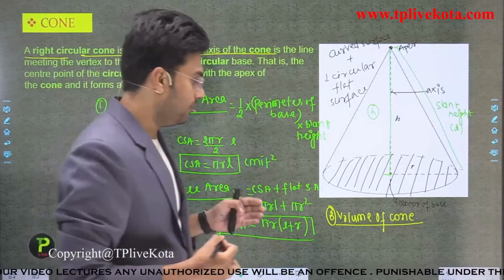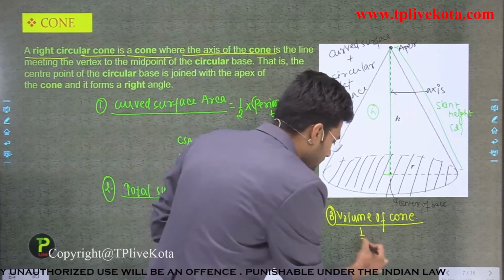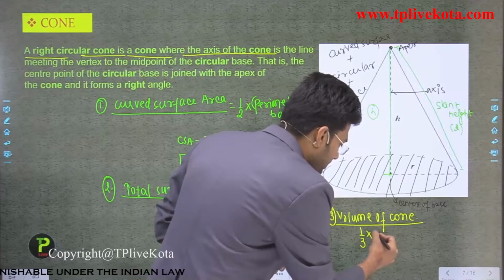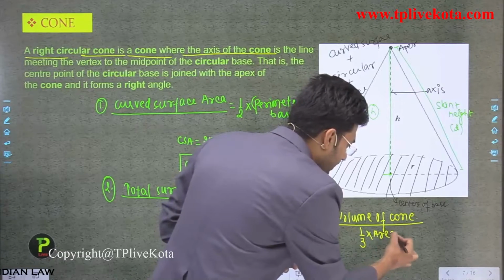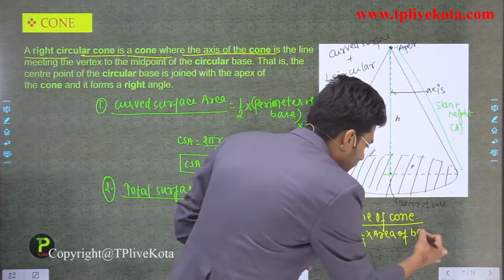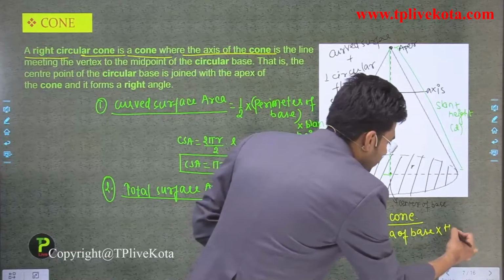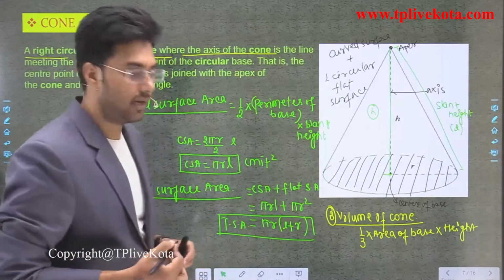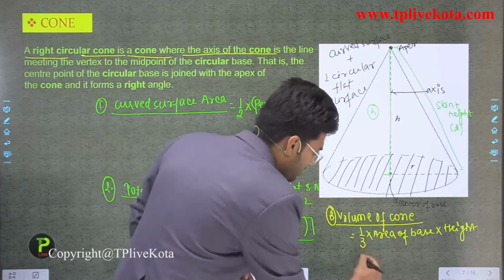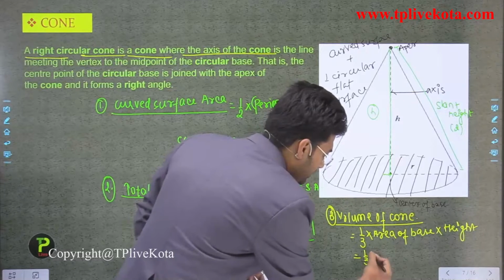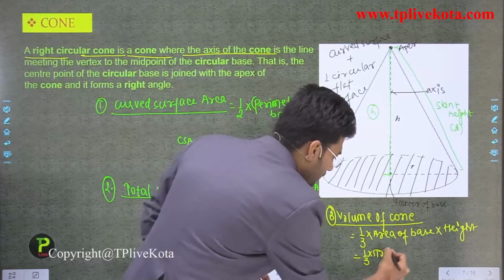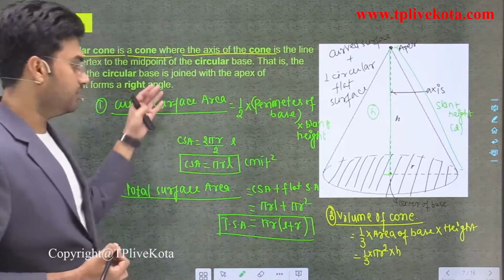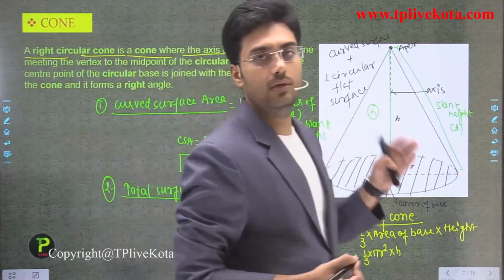It is 1 by 3 time of pi r square, that is we can write it as area of base multiply by perpendicular height, so it is equals to 1 by 3 pi r square multiply by h. So these are the formulas for right circular cone.